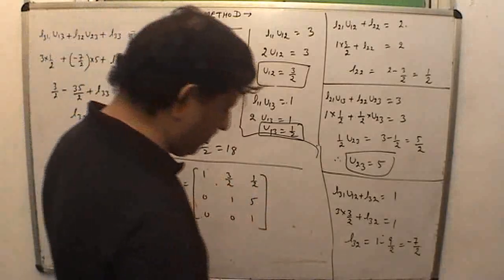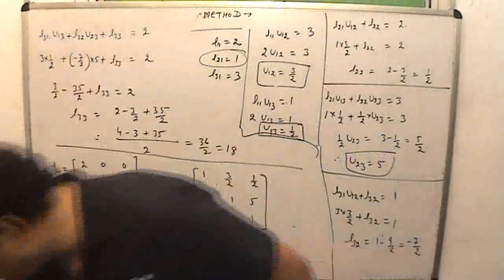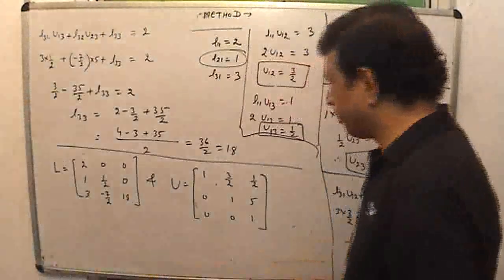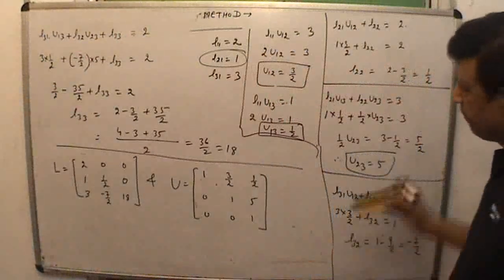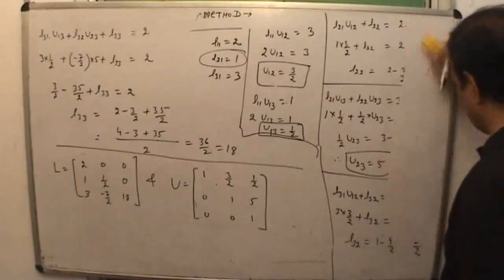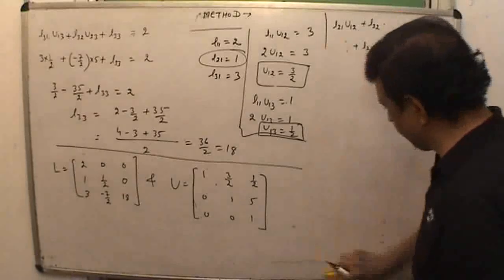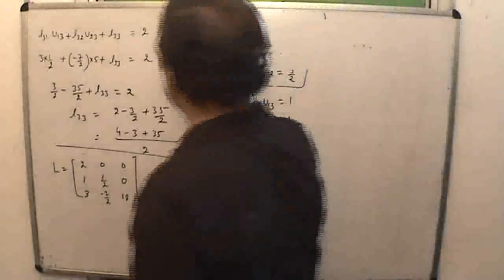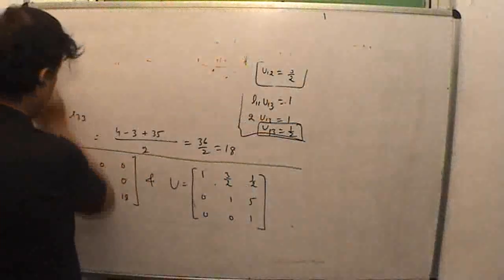Now our first step is complete. We have calculated L and U in terms of the integers. Now we start with the second step by using these two matrices L and U.